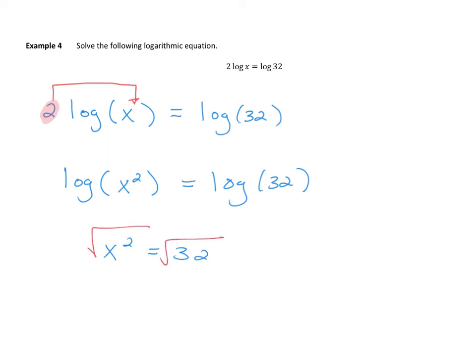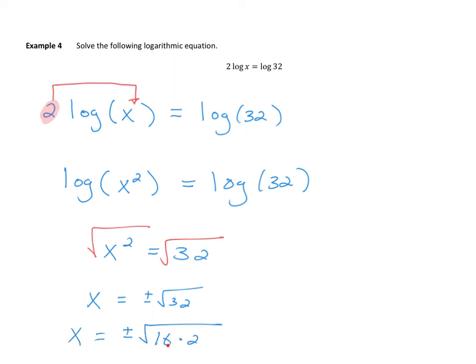And when I do that, I get x on the left, but you get plus or minus root 32 on the right. And technically, I think you can reduce this. I'm thinking of a perfect square that is inside of 32. And yeah, okay. So here we have x is equal to plus or minus root of 16 times 2.